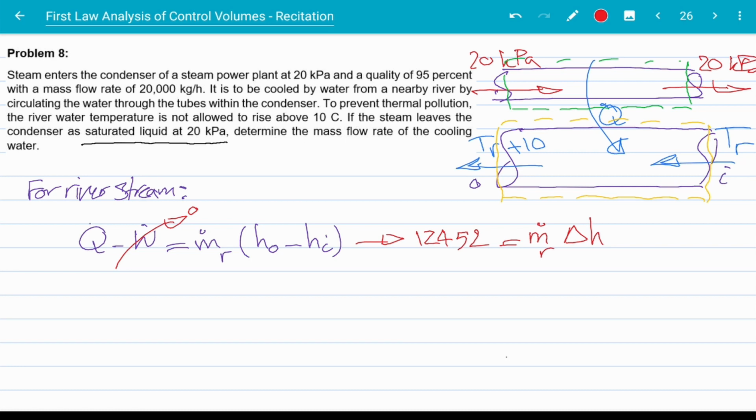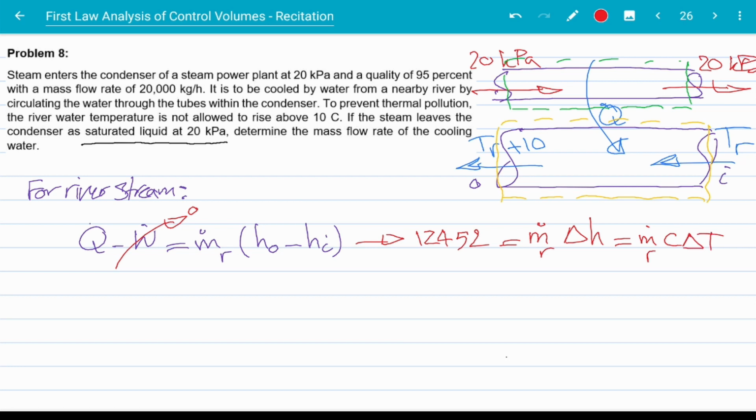Now here's a trick that we are going to use a lot in thermo. Now the river water probably is at atmospheric pressure, and we don't know much about it, but we know that it's a liquid, and we can treat it as a liquid. Delta H, or the change of enthalpy of liquids, can be approximated by the equation C delta T. Remember that?